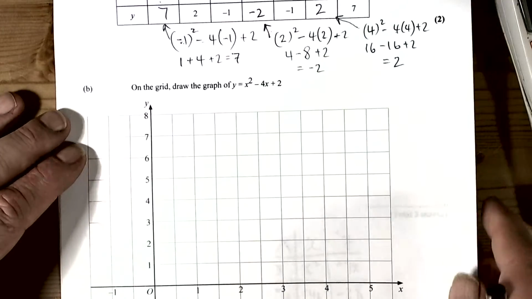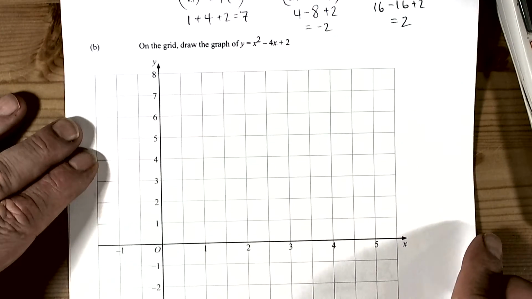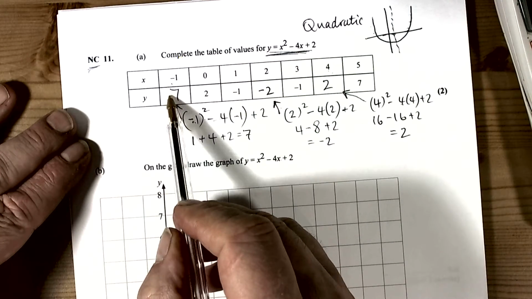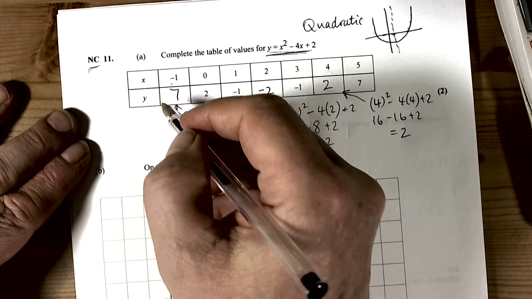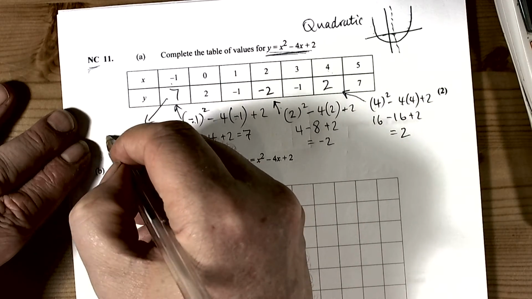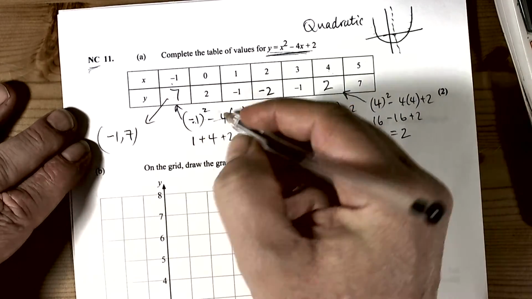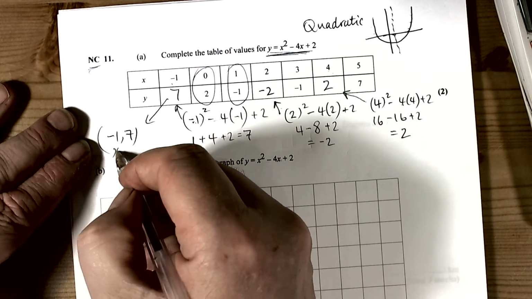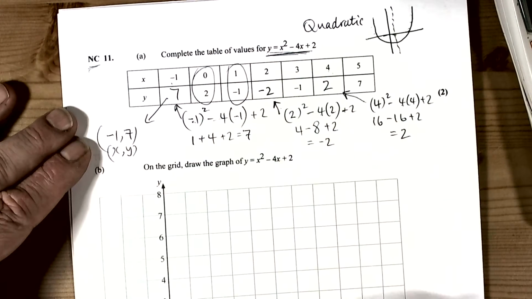The question then says we've got to plot these values, so we've got a grid given to us. We look at the table and it told us we're working with -1, 7, so this gives us a coordinate of (-1, 7). Basically we pair these up to get our coordinates, because coordinates always have an x number and a y number on these graphs.